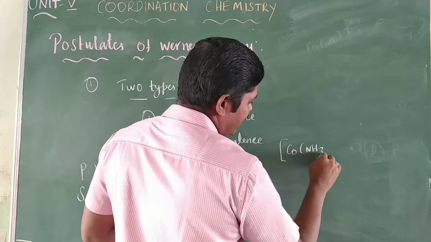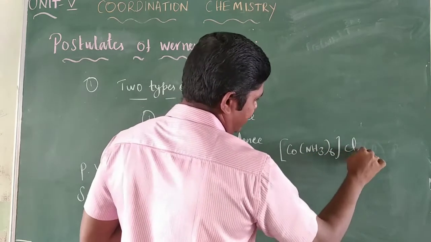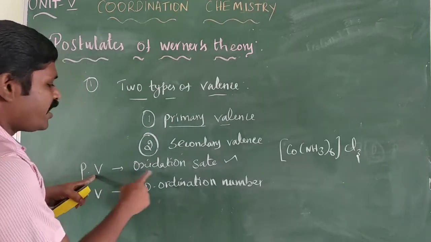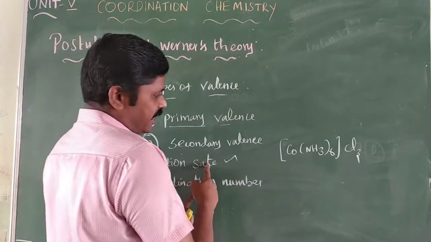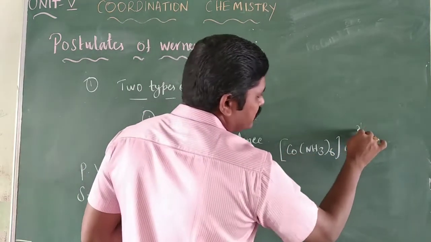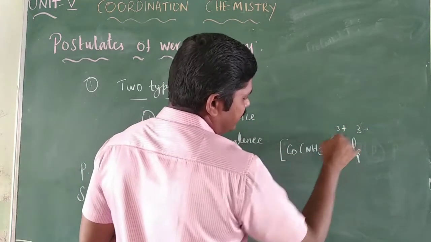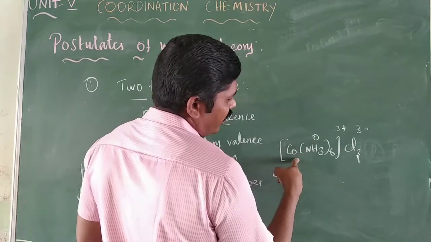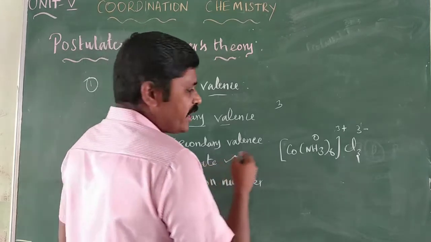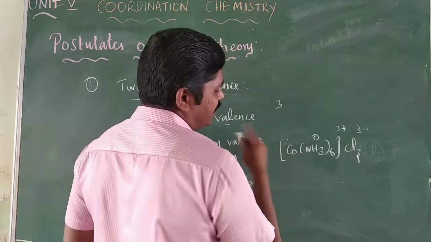Co(NH3)6Cl3. The primary valency is referred to as the oxidation state. The primary valency of the central metal ion is 3 plus, and the ligand is neutral, so the net charge is 3. You already know how to calculate the oxidation state.